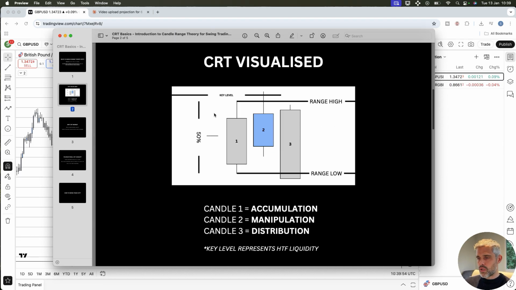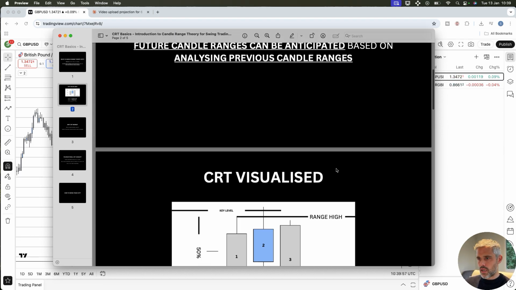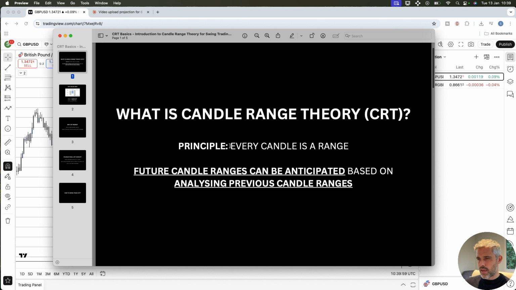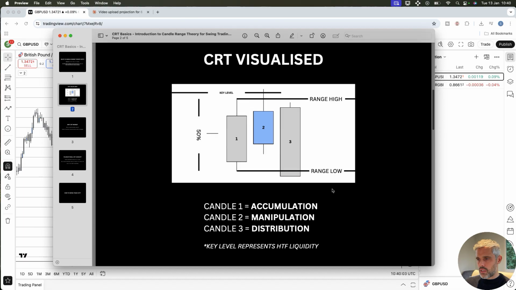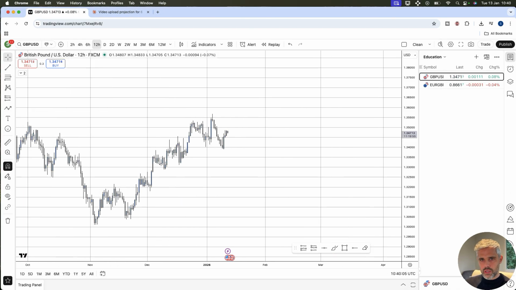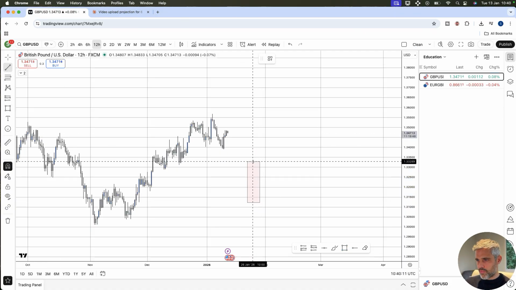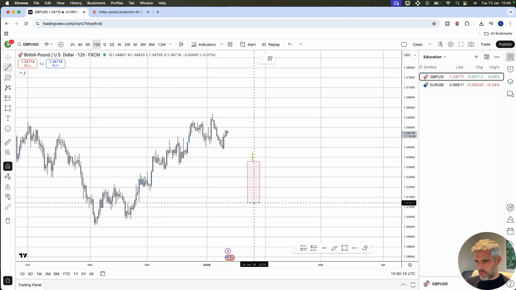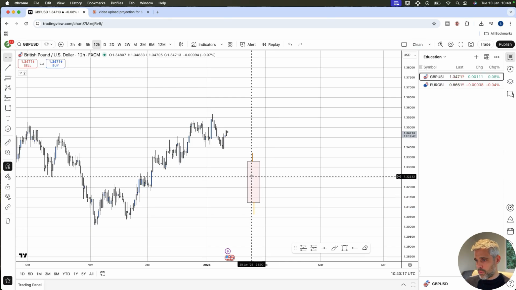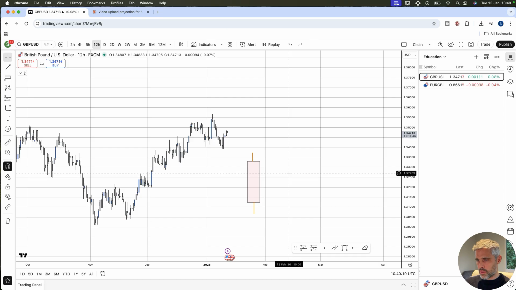So before we look at this CRT visualized, I just want to talk about what it actually means when we say every candle is a range. So if I just create here very quickly a candle that we can analyze, apologies for the colors, this can be a bullish or bearish candle, it doesn't matter.